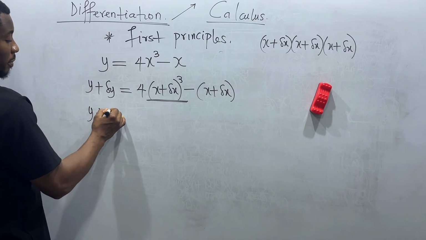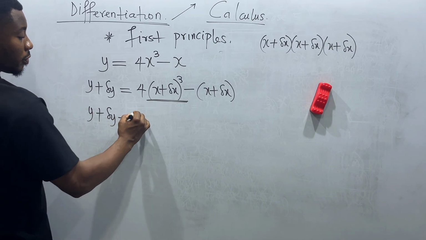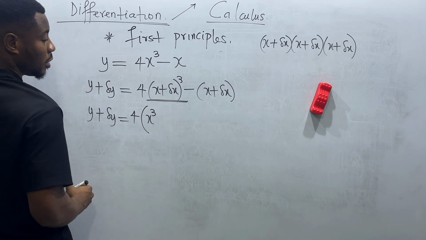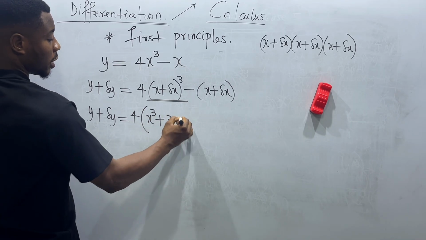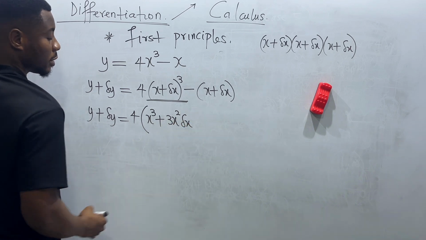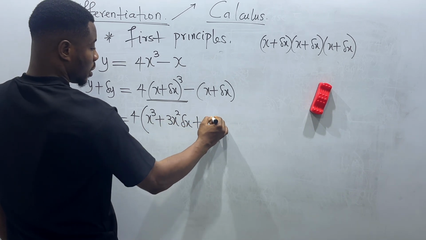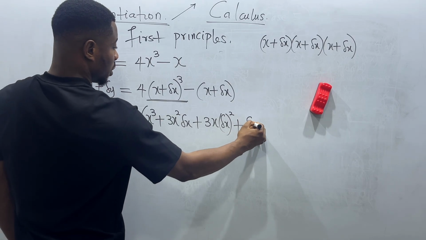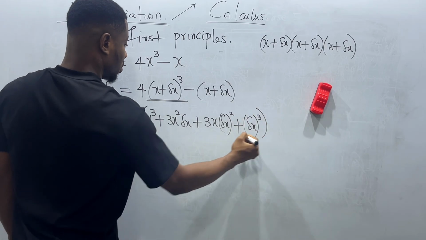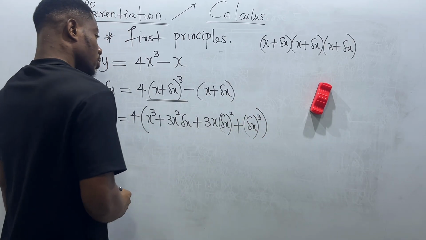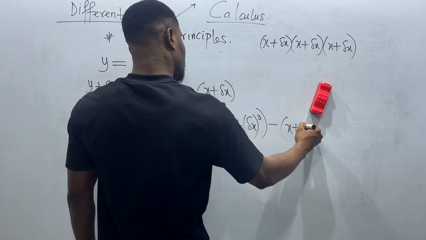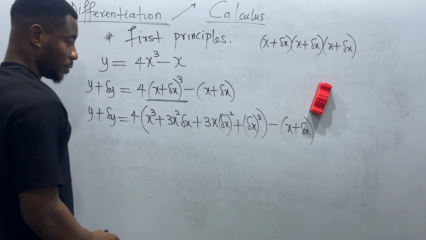That would give us y plus change in y is equal to 4 open bracket, this is x cubed plus 3x squared change in x plus 3x change in x squared plus change in x cubed, minus x plus change in x.